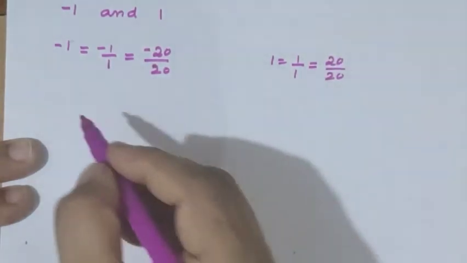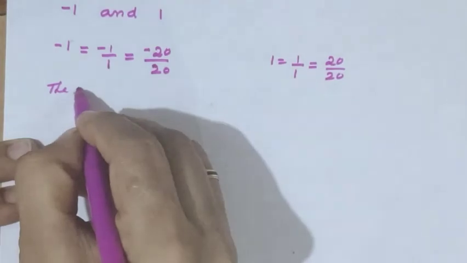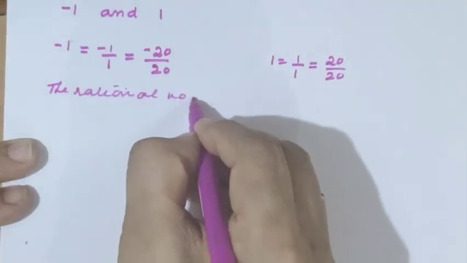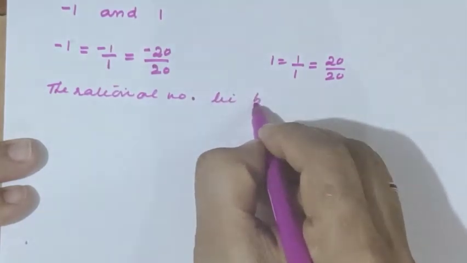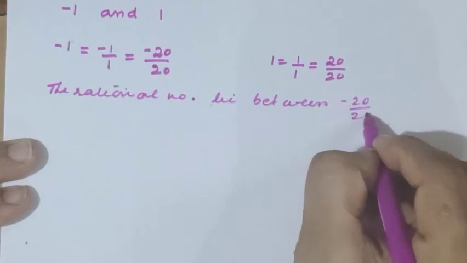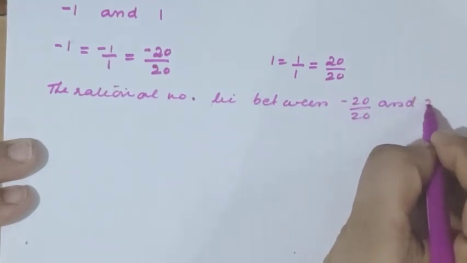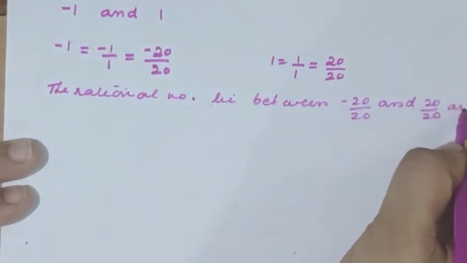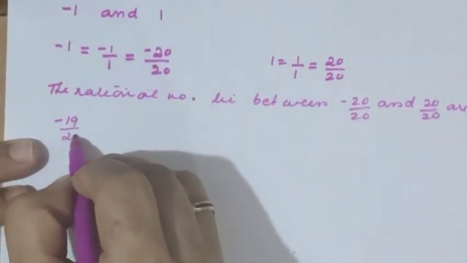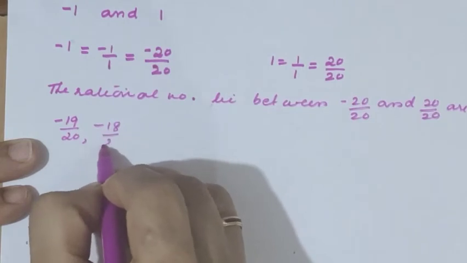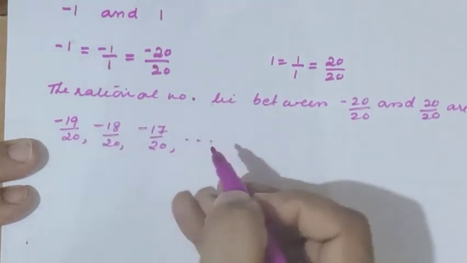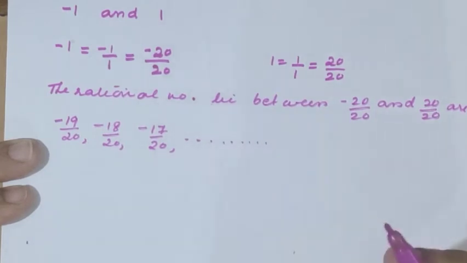Now in between, we will write the rational numbers that lie between minus 20 by 20 and 20 by 20. From where it will start: minus 19 by 20, minus 18 by 20, minus 17 by 20, like that it will continue.